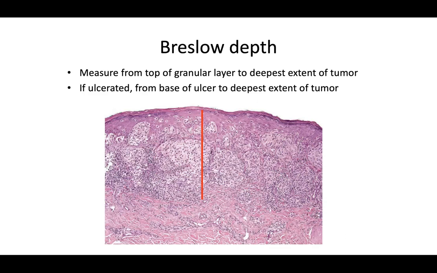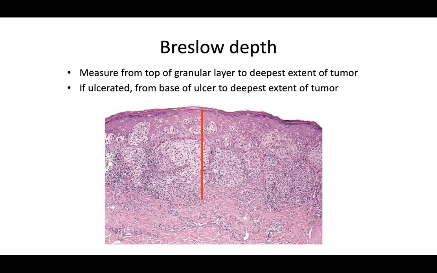If it's ulcerated, you're going to measure from the base of the ulcer to the deepest extent of the tumor. So the base of the ulcer could be somewhat subjective. And so I would typically measure from the area that you can see the melanoma cells present just outside of the ulceration there.